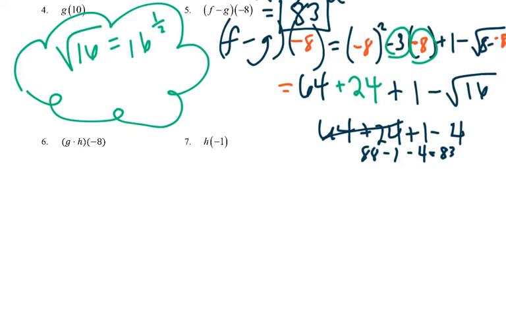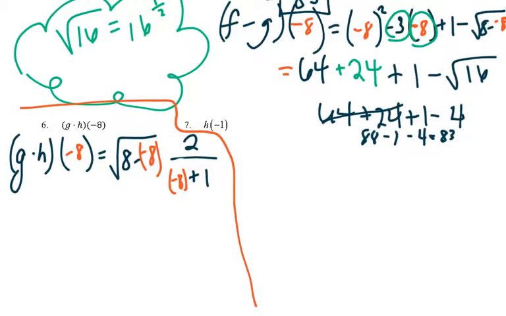So g times h of negative 8, we're just multiplying these two functions together and replacing the x values with negative 8. Anyway, we're going to solve this using an order of operations. We can think of each of these functions as being in parentheses, being multiplied together. So I can solve each part first and then multiply.